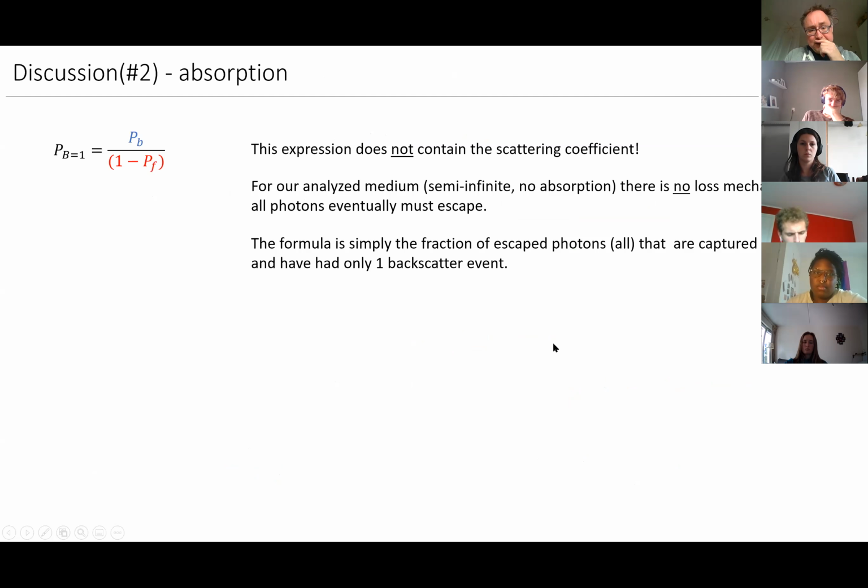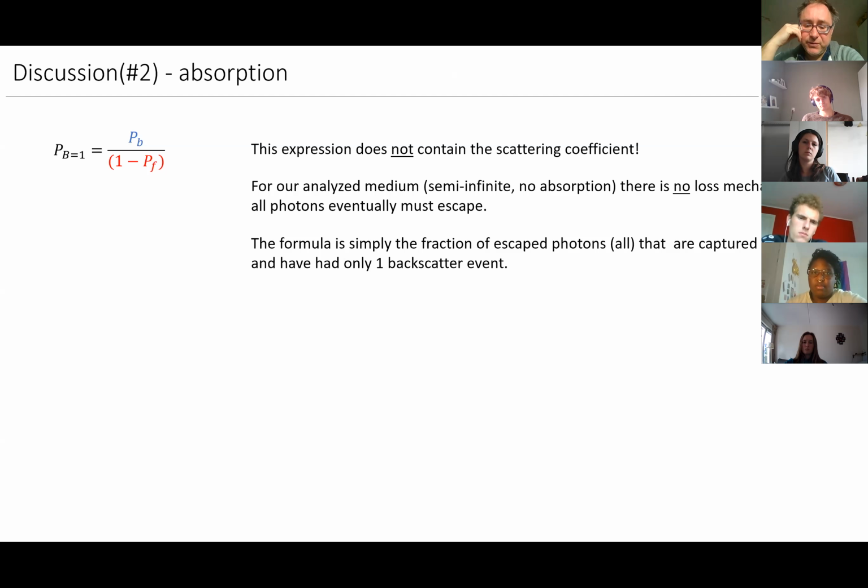So up until now we neglected absorption. Of course, if our aim is to actually measure absorption spectra, then it would be a good idea to see if we can include that in the model as well. If we don't include it and we analyze the semi-infinite medium, so it is infinitely deep and infinitely wide, there is only one boundary where the fiber is placed, then there is actually no loss mechanism.